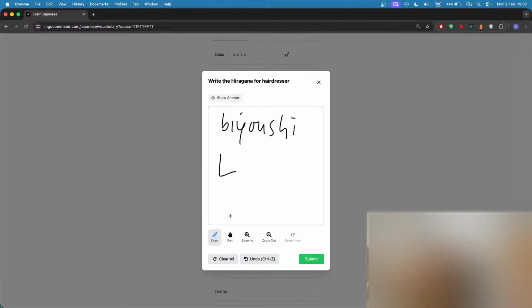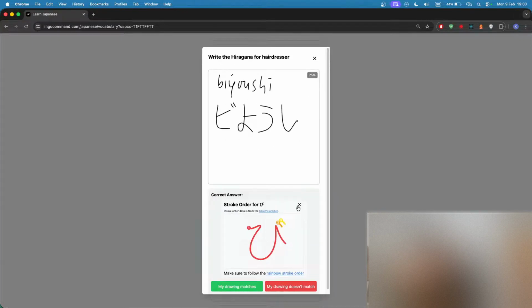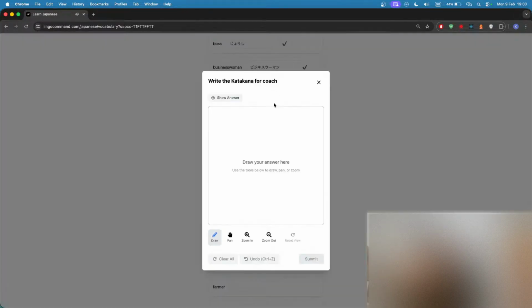Okay, so this is hi, and when we apply dakuten, so okay, bi looks like this. So this is the correct direction for dakuten. And then we need a full-sized yo. Then we need a u, and then we have shi. Oh, what am I doing? I wrote he in katakana. So this is completely wrong. That's silly. That's very silly.